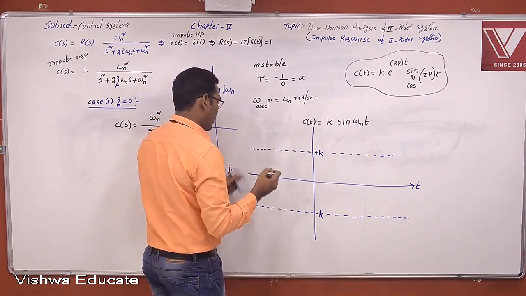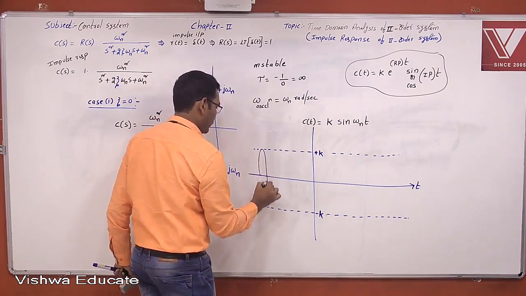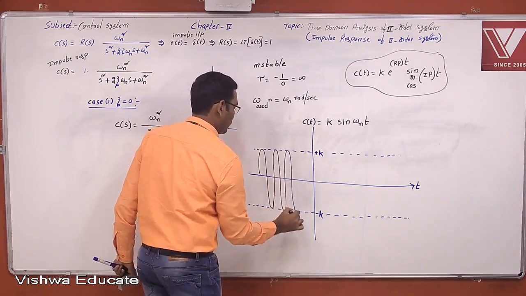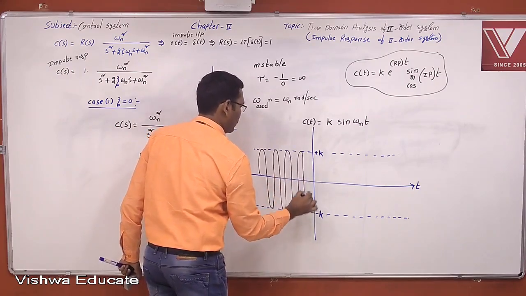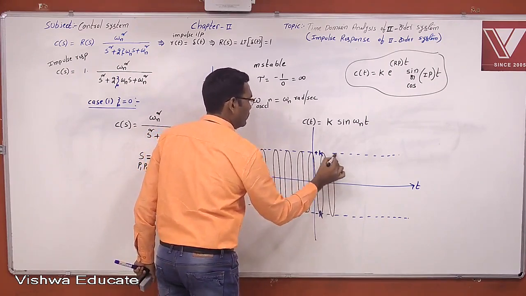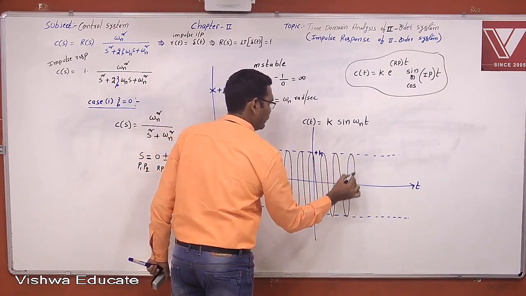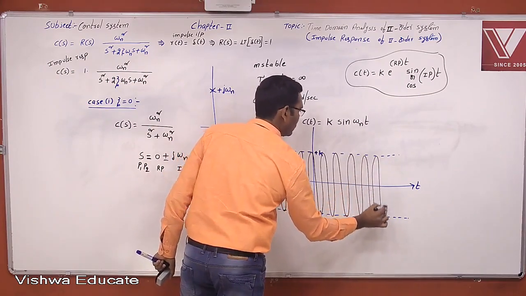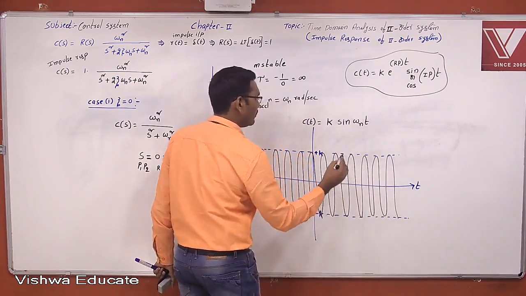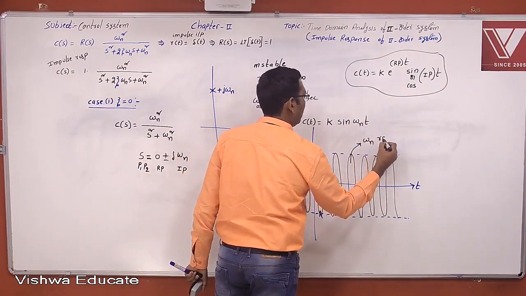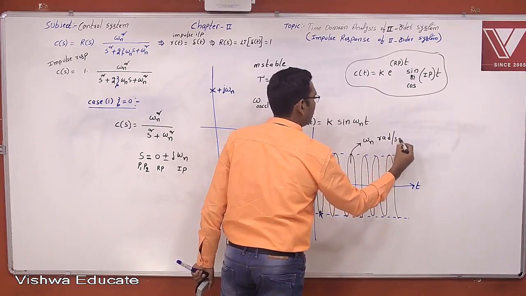And the frequency of oscillation is omega n radians per second.